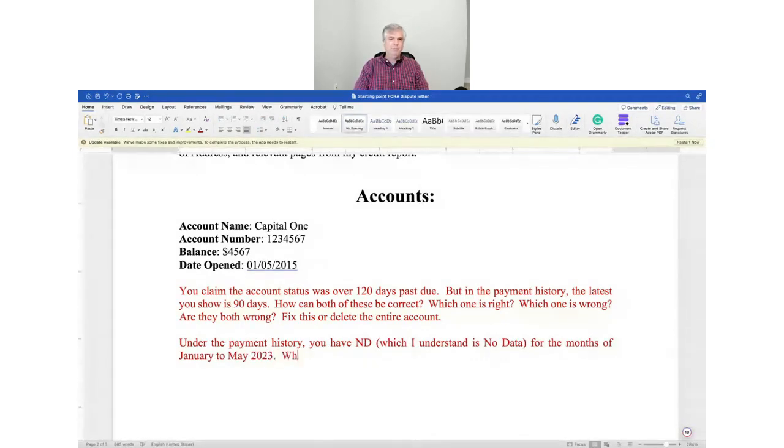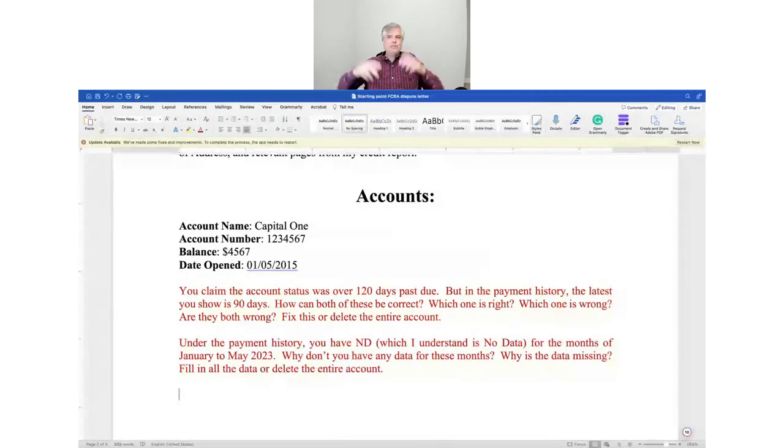Why don't you have any data for these months? Why is the data missing? Fill in all the data or delete the entire account. Do you see the pattern here?